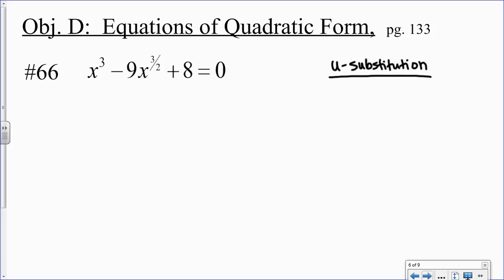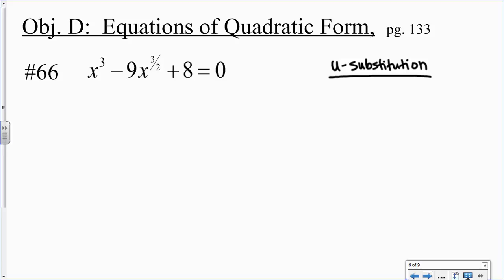If any of you go on and take calculus, you will do lots of substitution in calculus. What I want is a quadratic, and I'm already using the variable x, so that's why it's called substitution, because we pick a new variable.